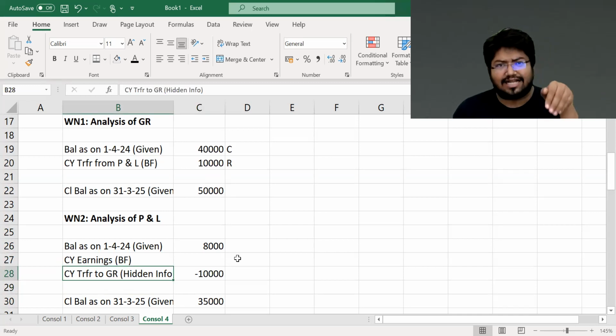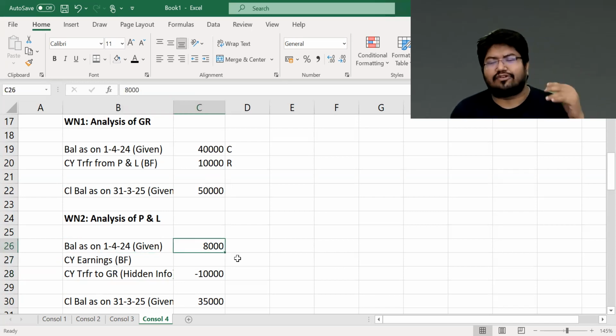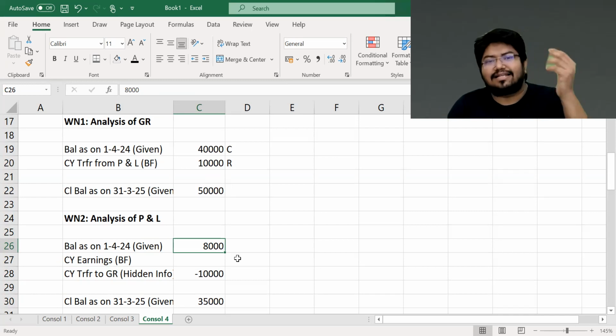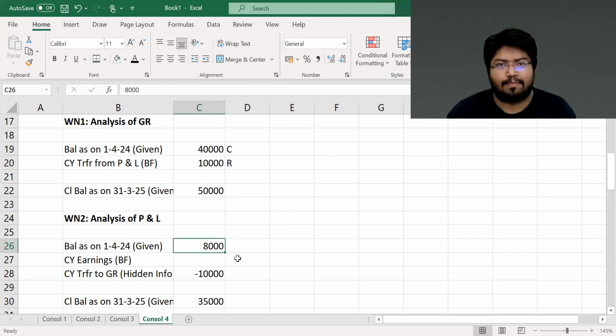That means it is out of the current year profits he has transferred. You cannot go back and presume that 8,000 is transferred from C side, 2,000 only from R side. No such logic. If it is transferred on 1/4/24 itself, please take that it is 10,000 taken from opening balance. But if it is after 1/4/24, don't even raise questions about the 10,000. It is transferred only out of current year profits. So that's your understanding here.